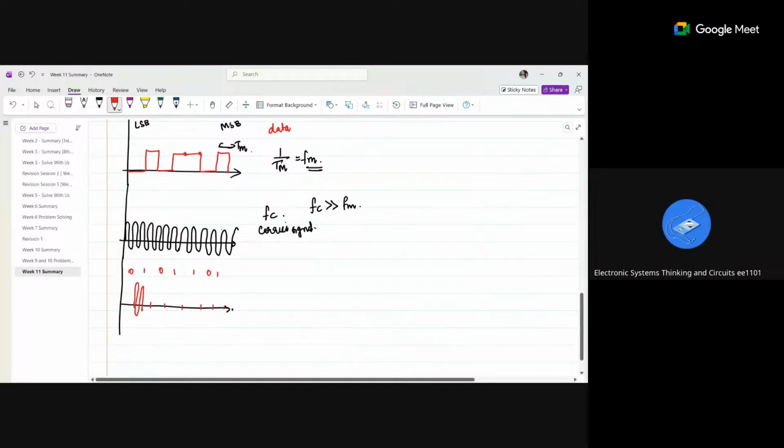But wherever it is 0, my output will be 0 there, and wherever there is 1, my carrier signal will be reflected, right? So this is my amplitude modulation.